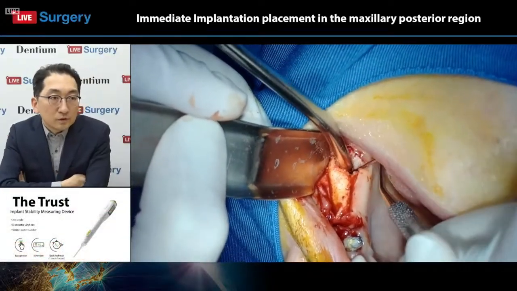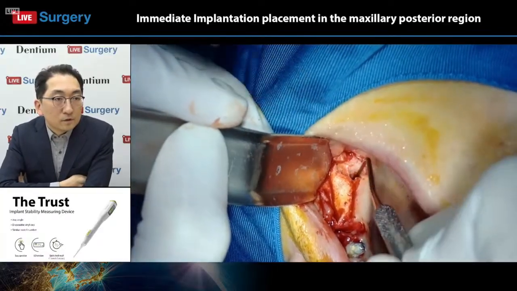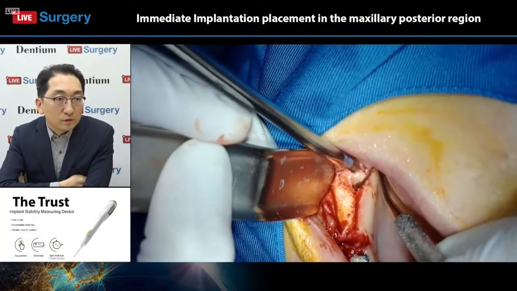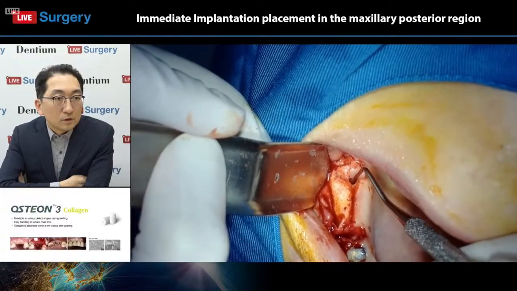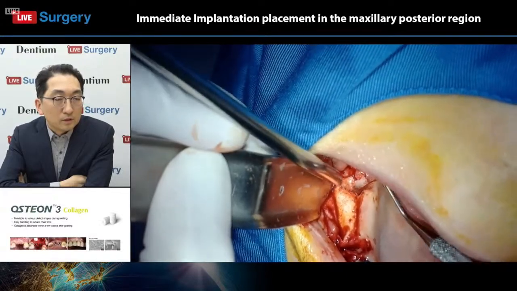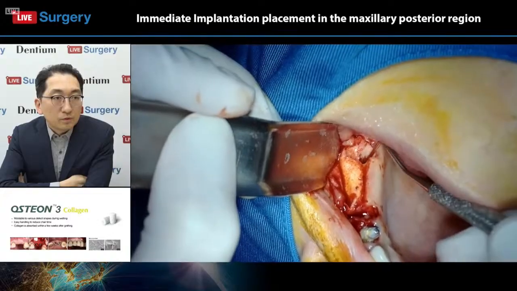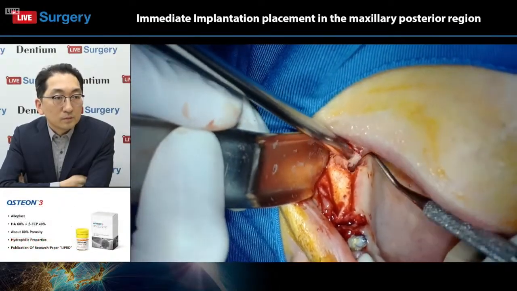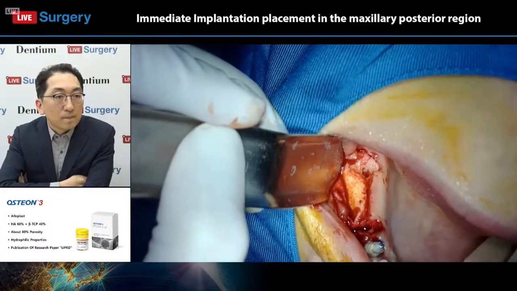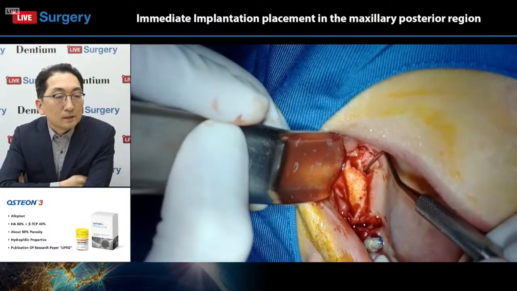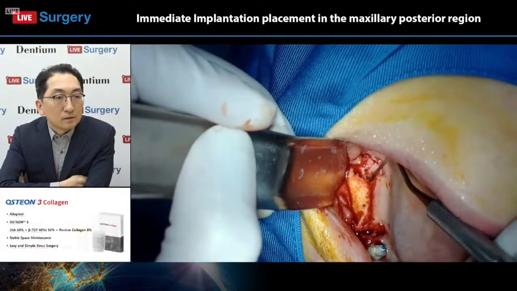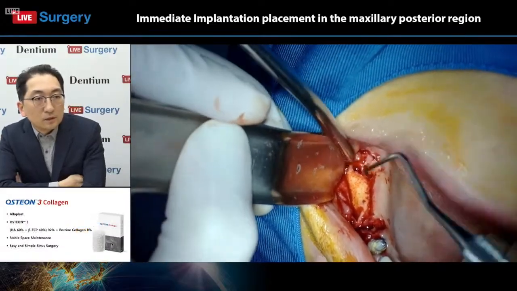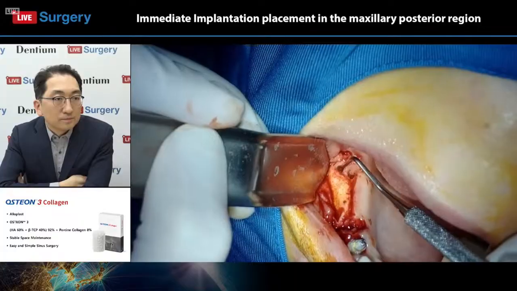Yeah, at the 27 extraction site, we will install the implant immediately. One of the most important things for immediate implant placement is a completely clean socket.